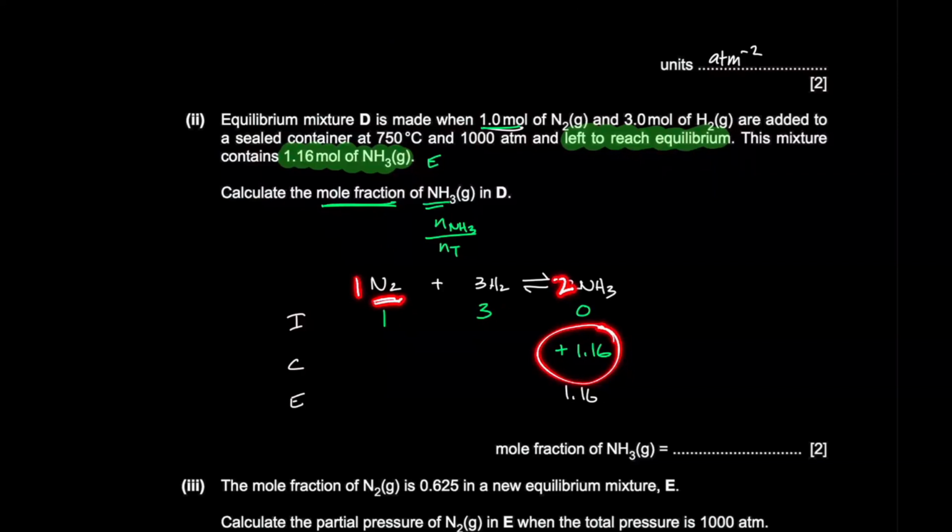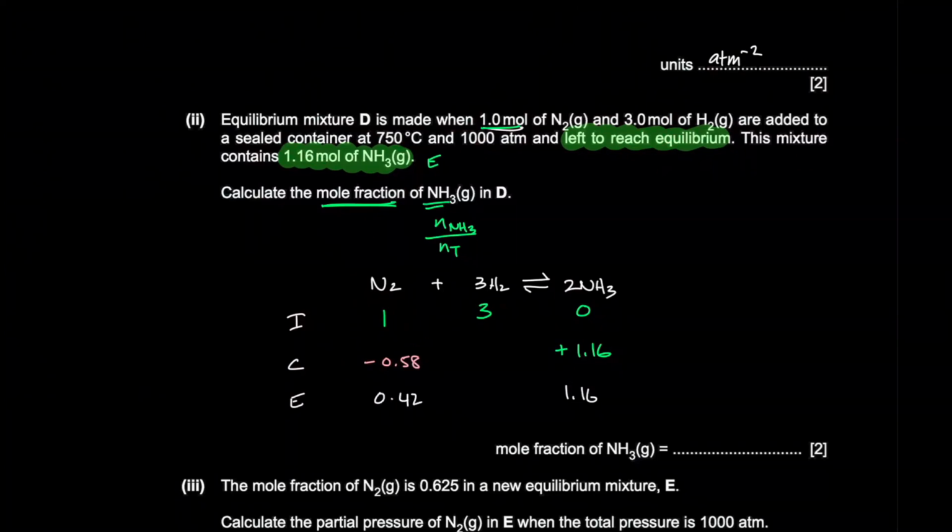Just divide by 2, right? So how much is reacting of nitrogen? Minus 0.58 moles. So the change for nitrogen is minus 0.58, right? This is the number of moles that are reacting. So we have 1 minus 0.58, which is 0.42 moles at equilibrium.